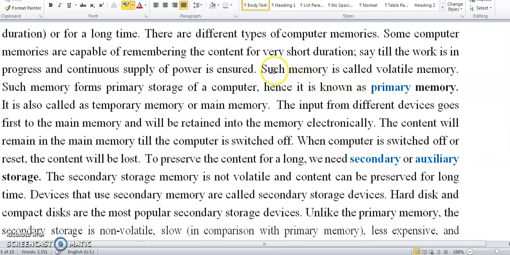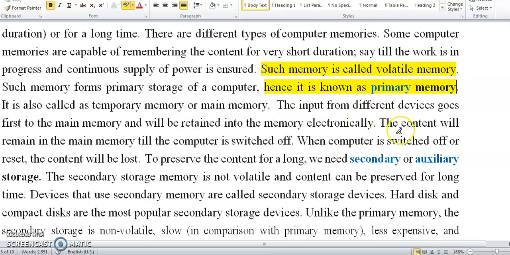Such memory is called volatile memory. Such memory forms the primary storage of the computer, hence it is known as primary memory. Volatile memory and primary memory are the same. It is also called temporary or main memory.